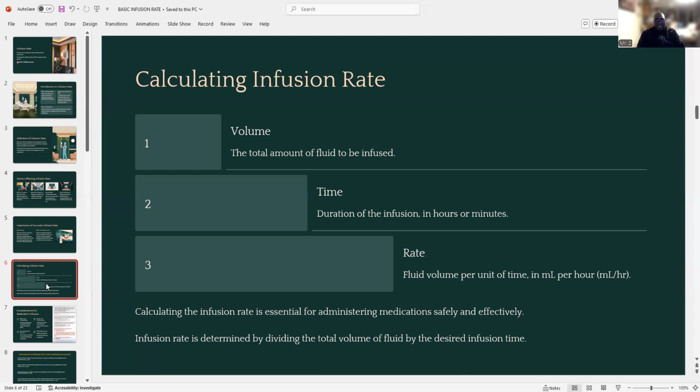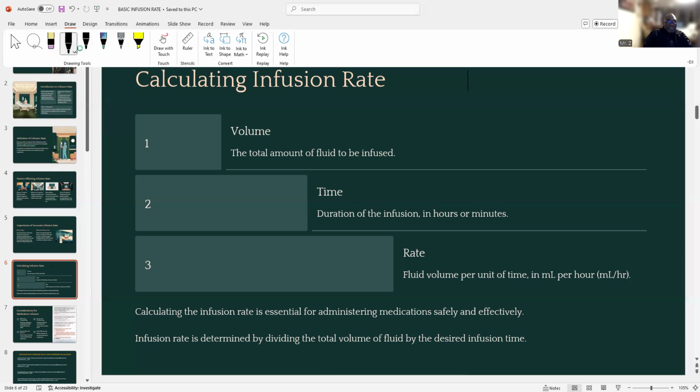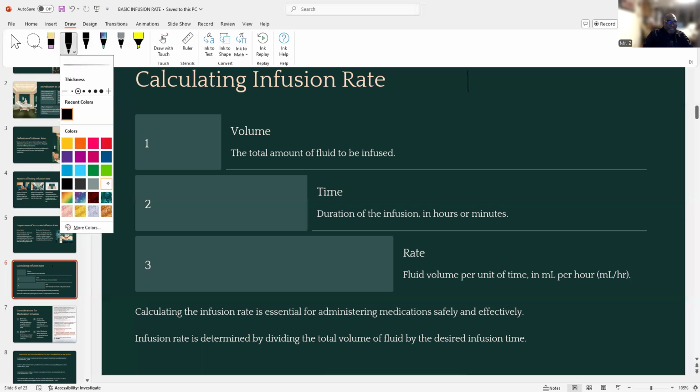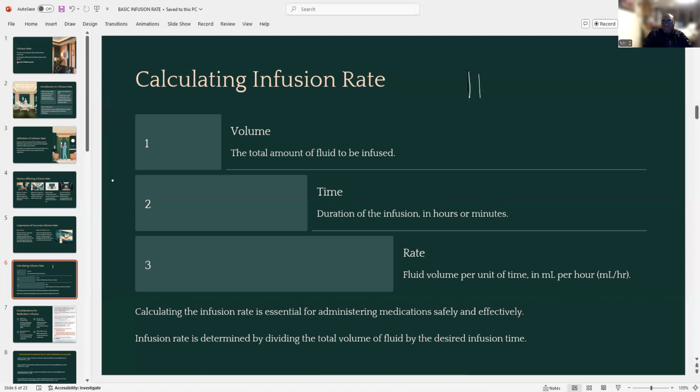This is the basic one, so don't forget it, as we're going to start spending time doing some exercises. So infusion rate, as we learned, equals volume over time.